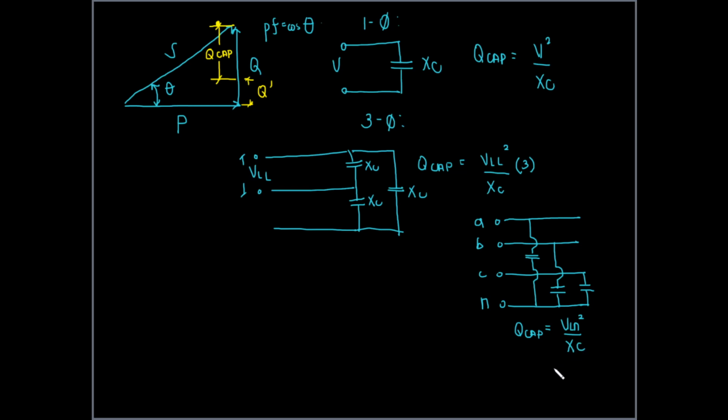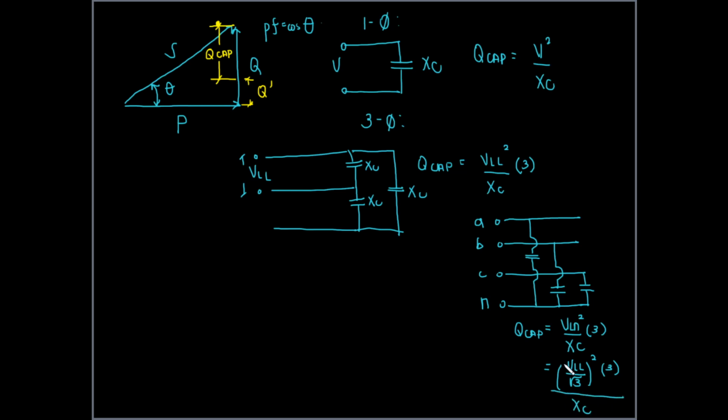Similarly for this one, if you do not want to solve for VLN, VLN is VLL over square root of 3. By the way, this must be multiplied by 3 there. And you have to square this and times 3 divided by XC.